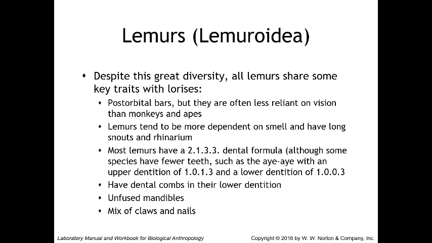Right, so I can say all of these: I have a post-orbital bar, dependent on smell, dental comb, unfused mandible, mix of claws and nails, and then throw in I live in Madagascar. That should be your clue that I'm talking about lemurs. Or I'll throw in that I have an upper dentition of 1013 and a lower dentition of 1003, and I'll clue you in then that I'm talking about lemurs, but specifically I'm talking about the aye-aye. Okay? So that's lorises and lemurs.